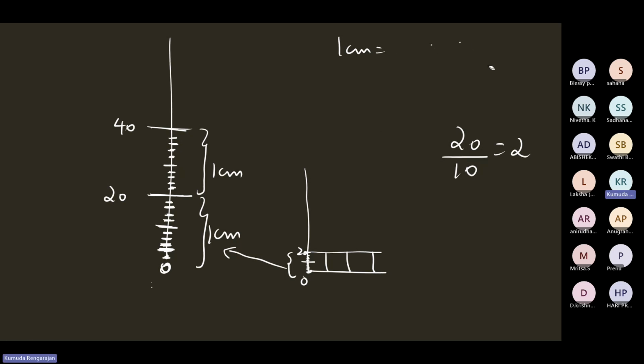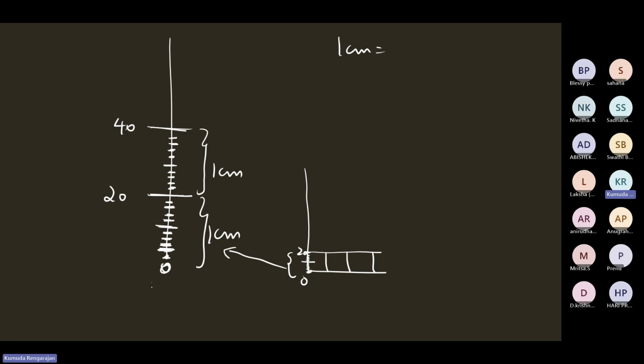Now supposing we take 1 centimeter is 30 units. You should take a suitable scale. You cannot take anything every time. It should suit the values, the frequencies given in the frequency distribution.